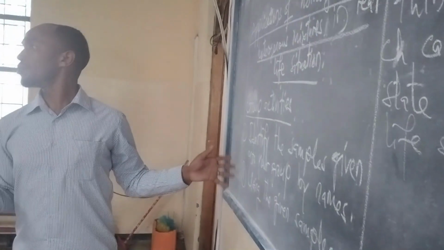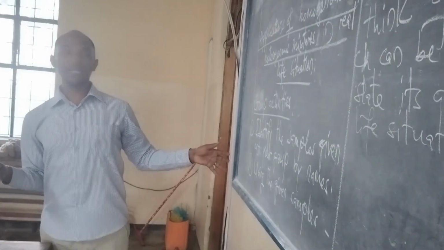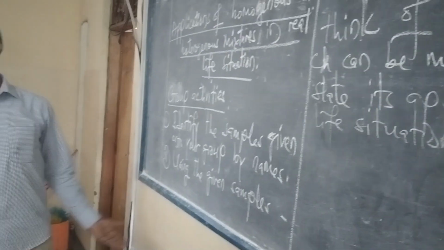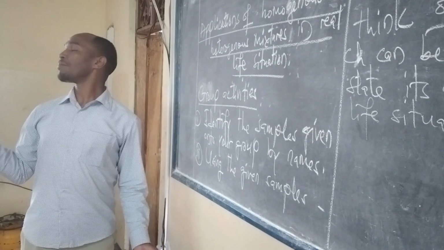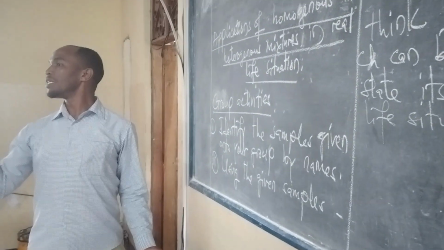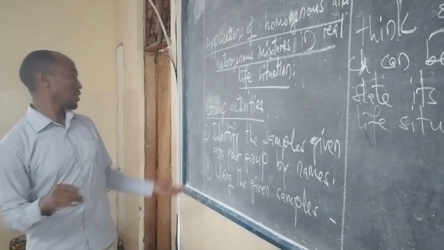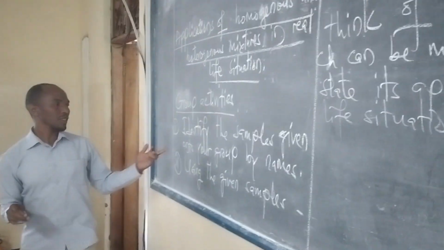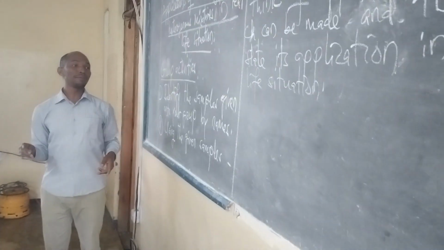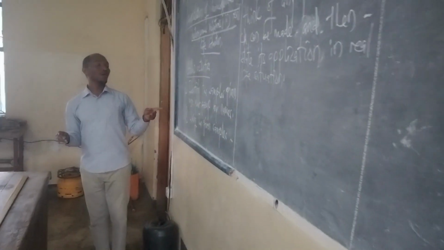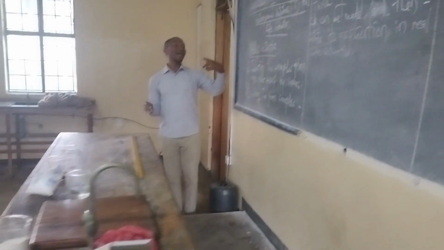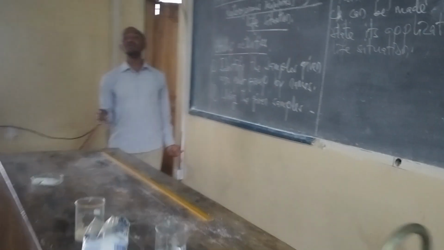I have given you an activity. From the samples you have been provided on your table, activity number 1 is to identify the samples given to your group by names.